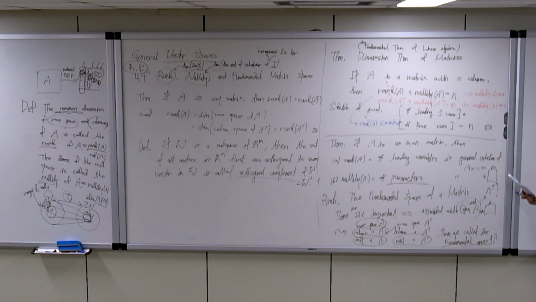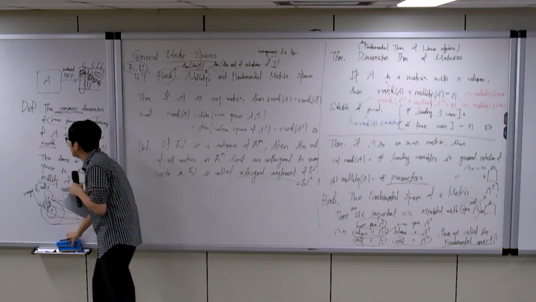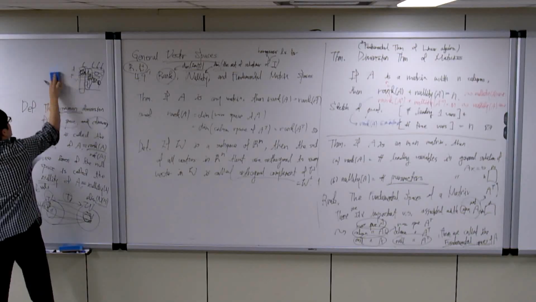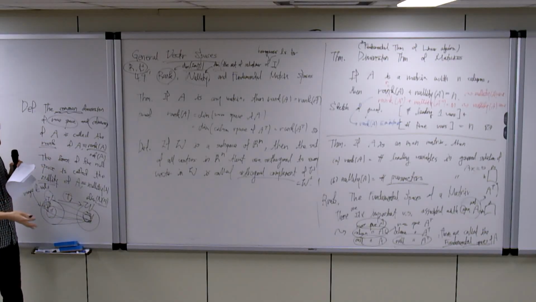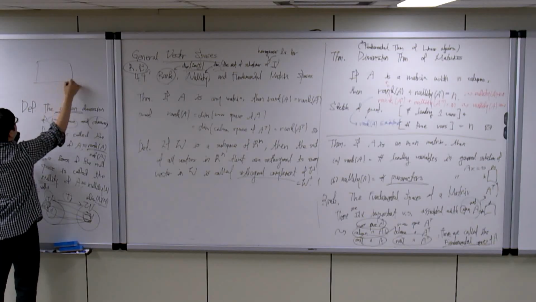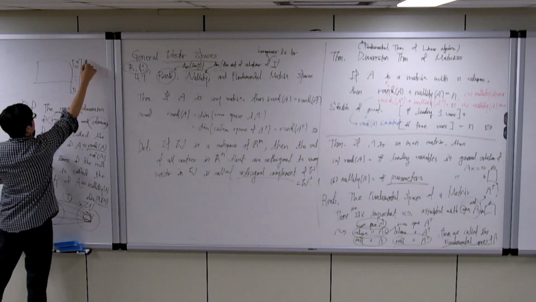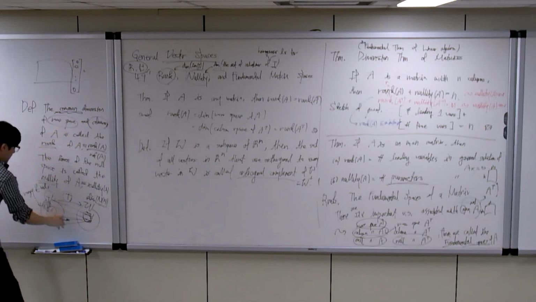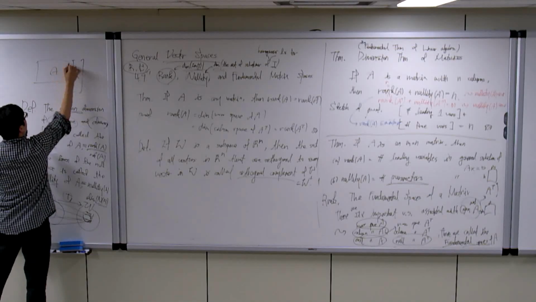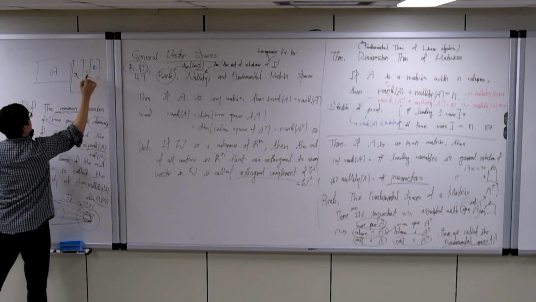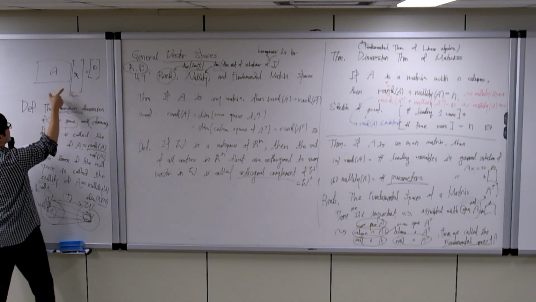When we calculate the rank and nullity, we saw that until so far we learned that rank is the dimension of the row space, and Ax equals 0 is the null space, the space of the solution set which satisfies this linear system.